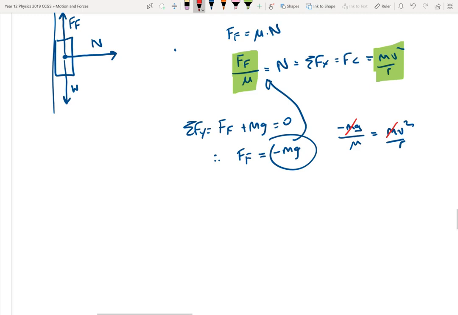Remember, mu is a number between 0 and 1, just a coefficient. If it's not sticky, we'd have to go much faster in order for it to work.